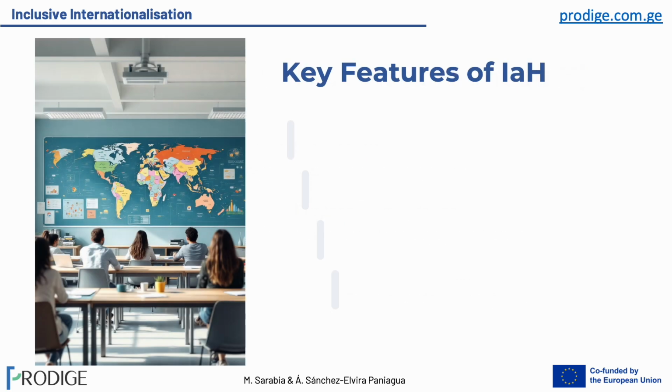Internationalization at home brings global perspectives into the domestic learning environment, making international education accessible to all students, not just those who can travel abroad. First, it has an inclusive approach, ensuring that all students, regardless of their ability to study abroad, have access to international perspectives.